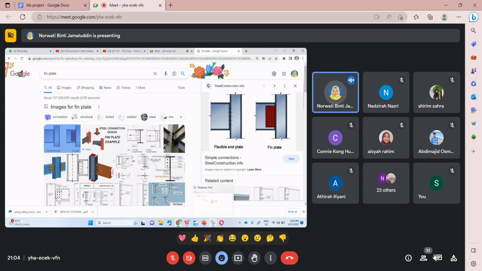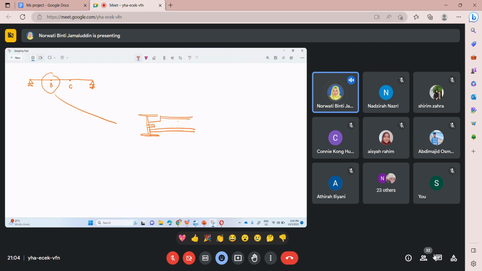You will use one or two plates. Not angle. Plate. This is a plate, and then you have another plate here. Normally we use two.